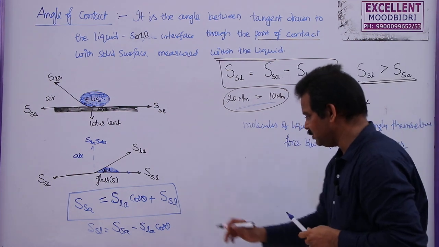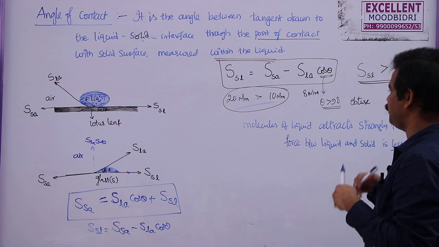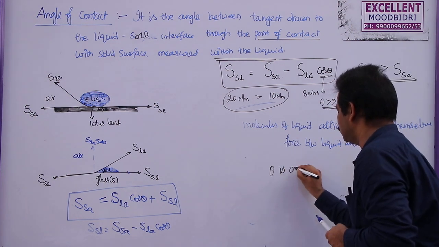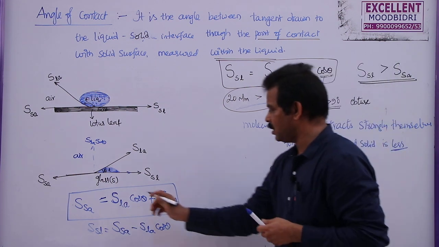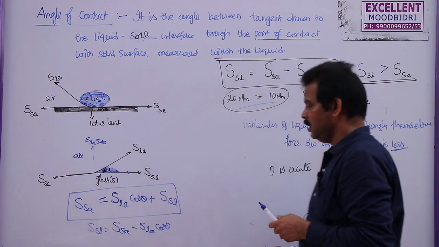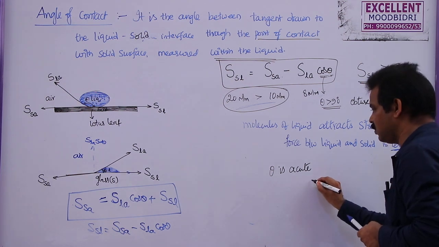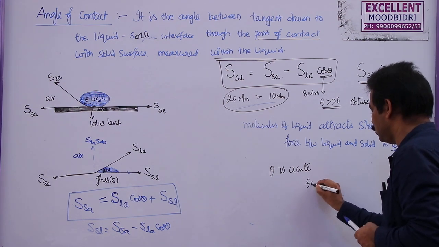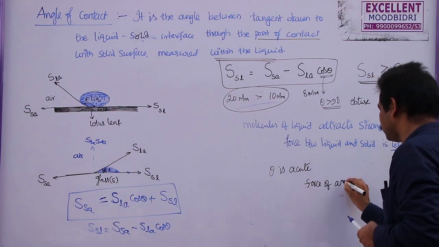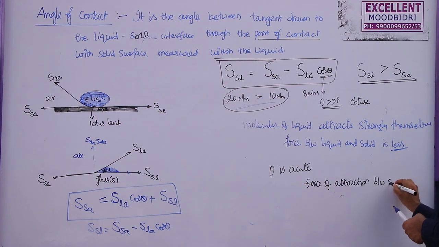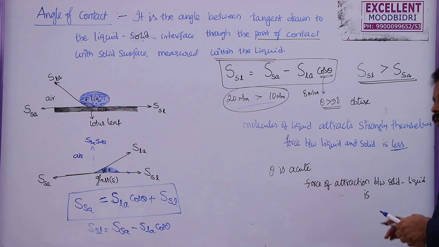Now in the other case, if theta is acute, less than 90 degrees, here the force of attraction between solid and liquid is more than the force of attraction within the liquid molecules.